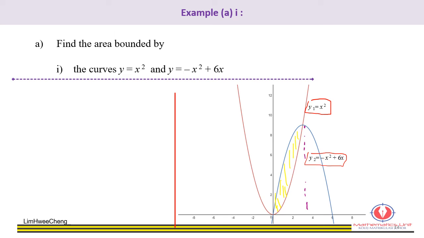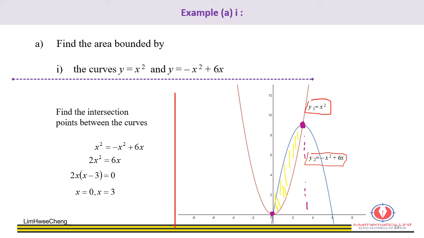First of all, we need to find the limit, that is the two intersection points. So we solve the equations x squared and minus x squared plus 6x. We are going to get two points, one is 0 and one is 3.